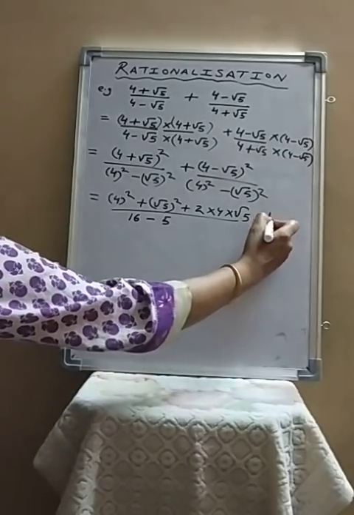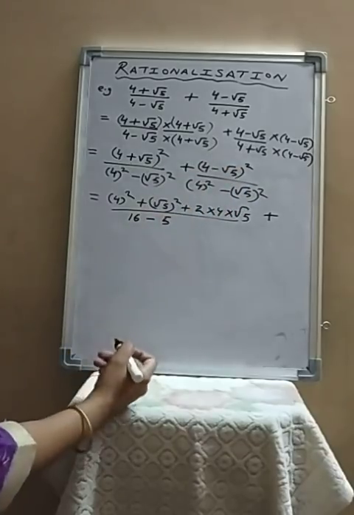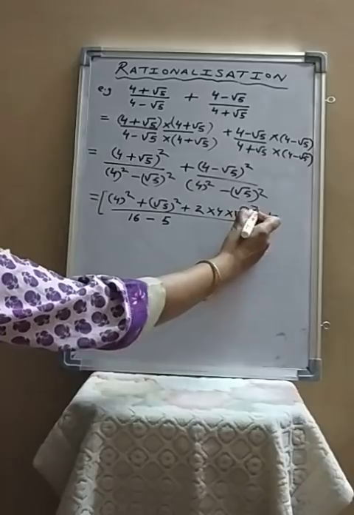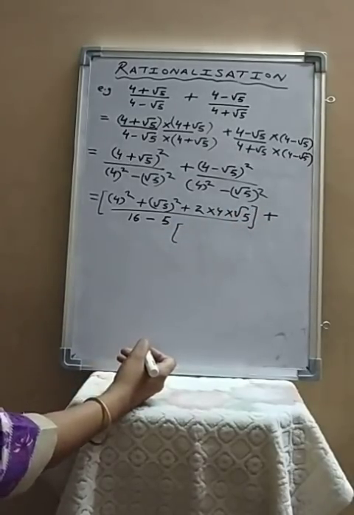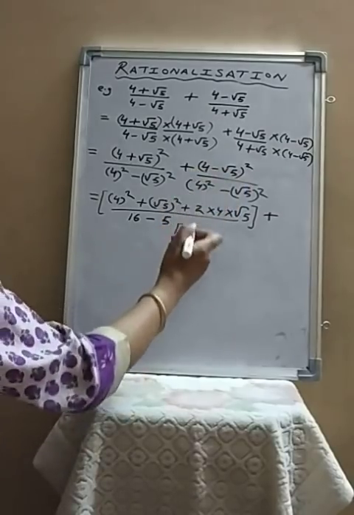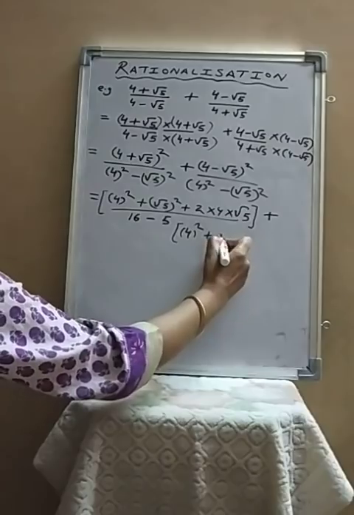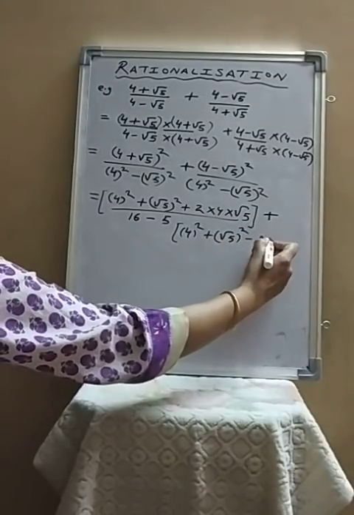Similarly, we will use the identity a minus b whole square in the second term. Let us keep it in a separate bracket, and now let us start with the second term. So, a minus b whole square is a square plus b square minus 2ab.